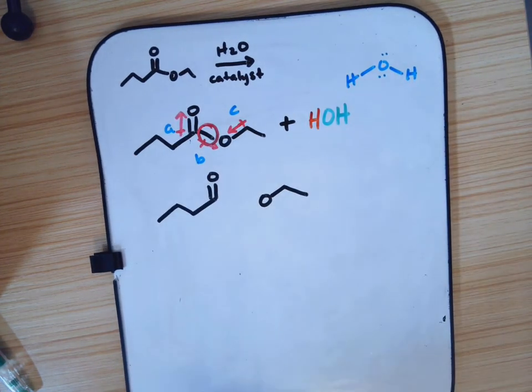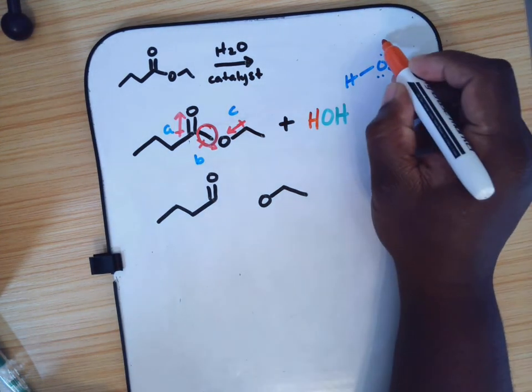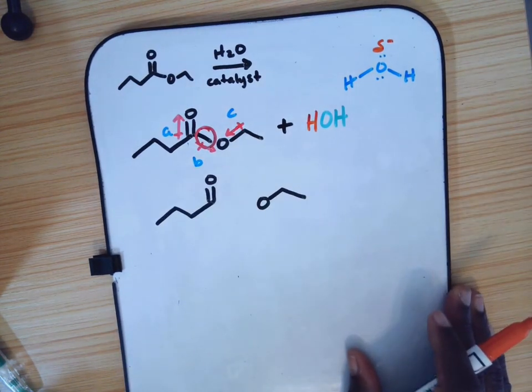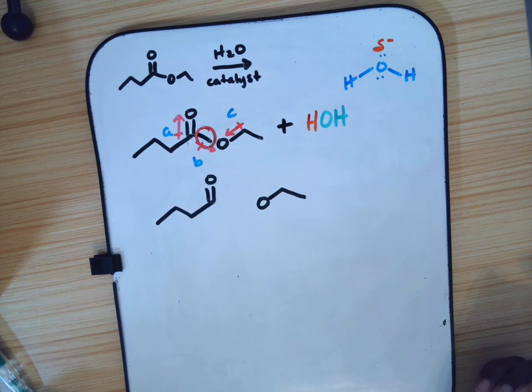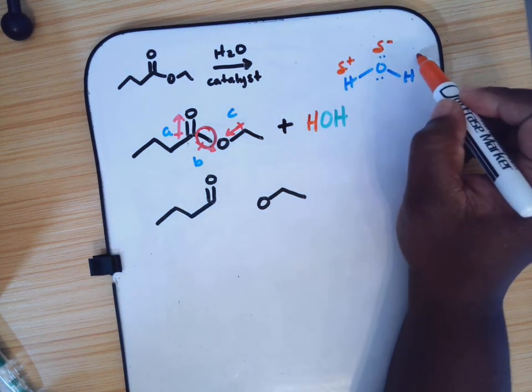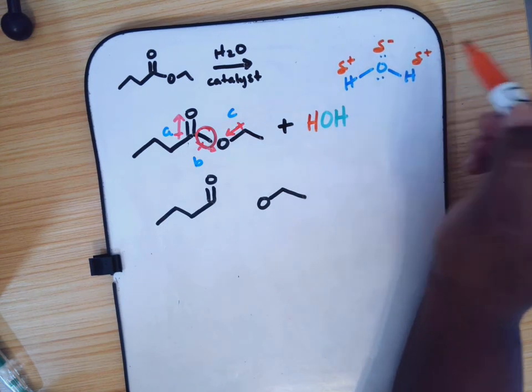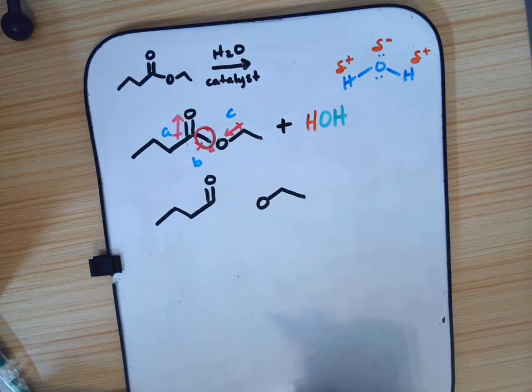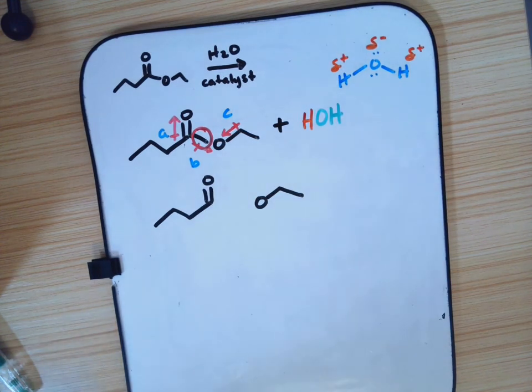I have oxygen-hydrogen bonds, which are very polar bonds. So those electrons are being attracted towards that oxygen, causing that oxygen to have a partial negative. So it's not an actual negative, but it feels as if it has that negative charge. The electrons are trying to be pulled away from the hydrogen, so they feel as if they are missing electrons. So they feel as if they have positive charges. So keeping this in mind, when we look at our HOH, we basically have the same thing.